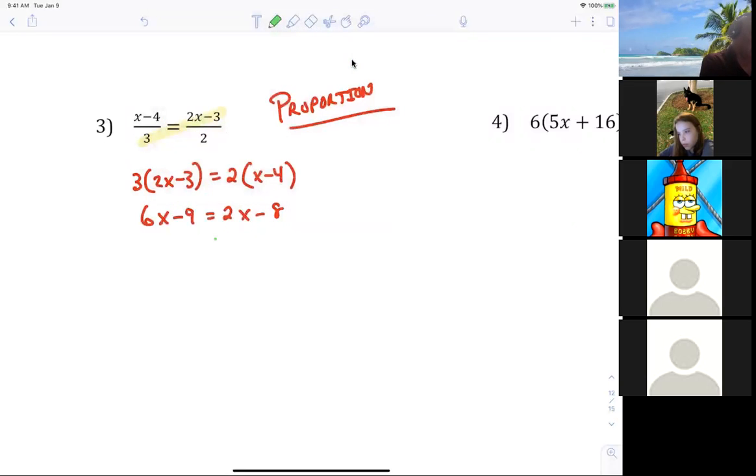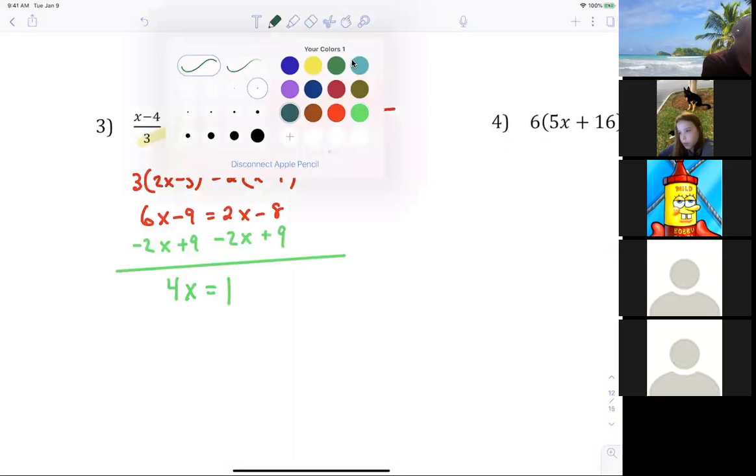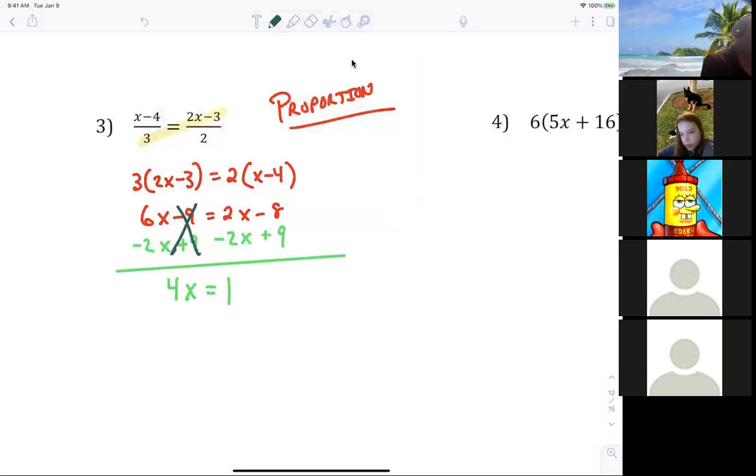Now we're going to subtract 2x and add 9. 4x equals 1. Cancel, cancel. Now, divide both sides by 4. x equals 1/4.